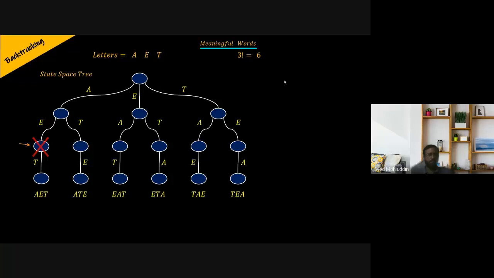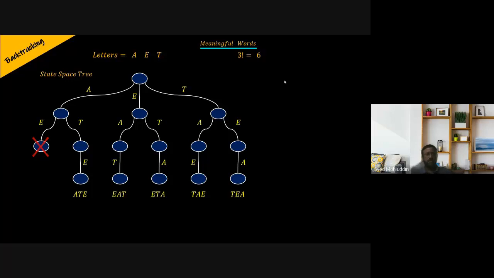We stop there, because that will not form a meaningful word. The cross here, what I'm trying to tell, is that the node at that level, at that stage, is killed, and we don't proceed further creating other children.